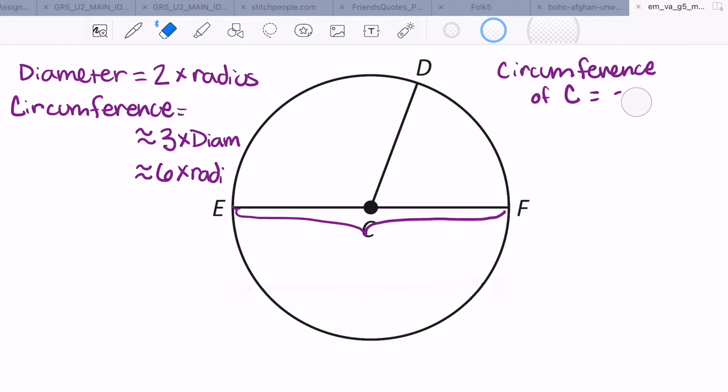Okay, we're going to try another one. The diameter is 15 centimeters, so we're going to do the same thing.